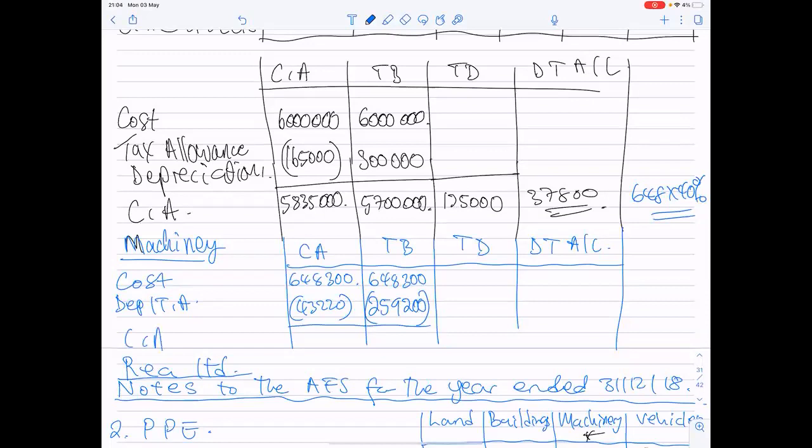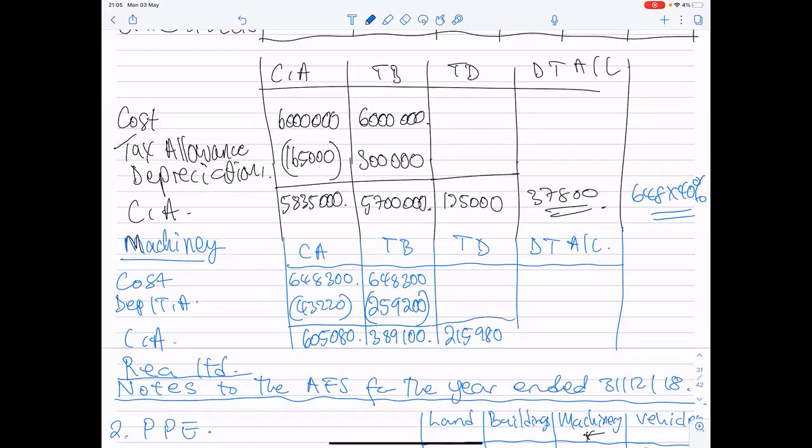Then you get your carrying amount at the end, 259,200 minus 648,300, getting 389,100. Then carrying amount 648,300 minus 43,220, 605,080, minus 389,100, 215,980. Then that is the temporary difference.